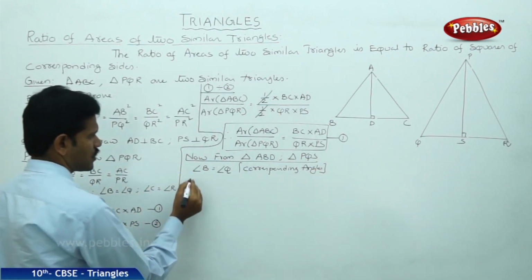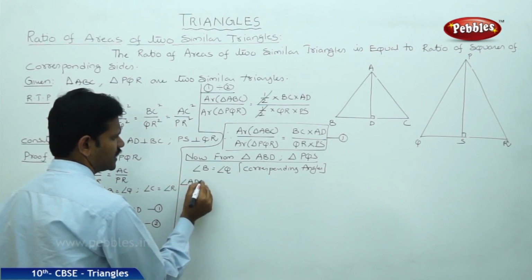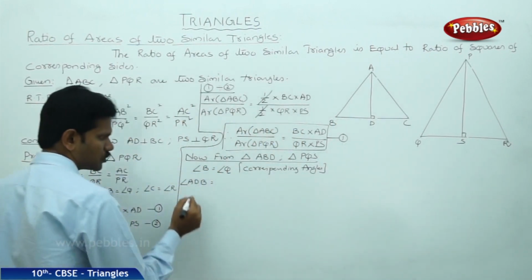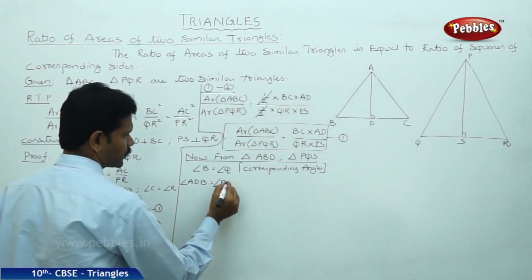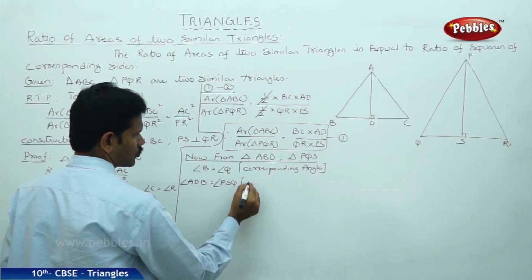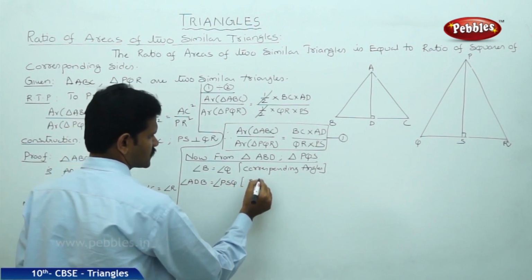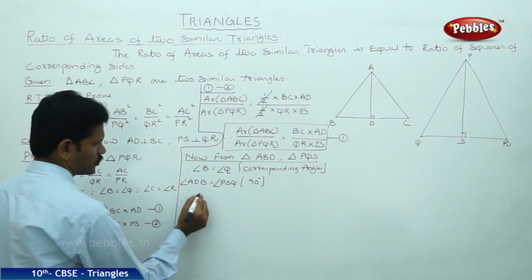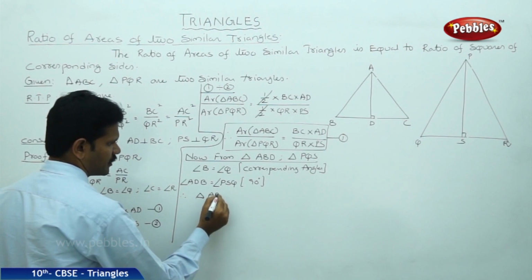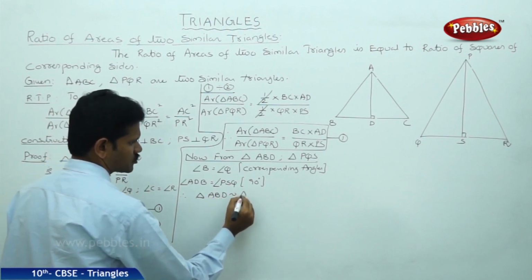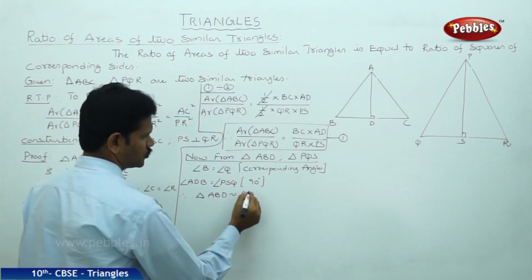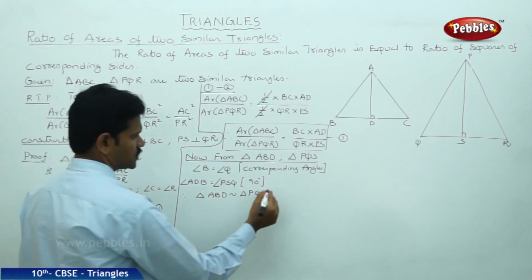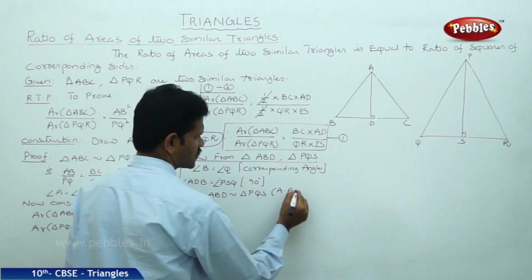And angle ADB is equal to angle PSQ, equal to 90 degrees each. Therefore, triangle ABD is similar to triangle PQS. Reason: angle similarity.